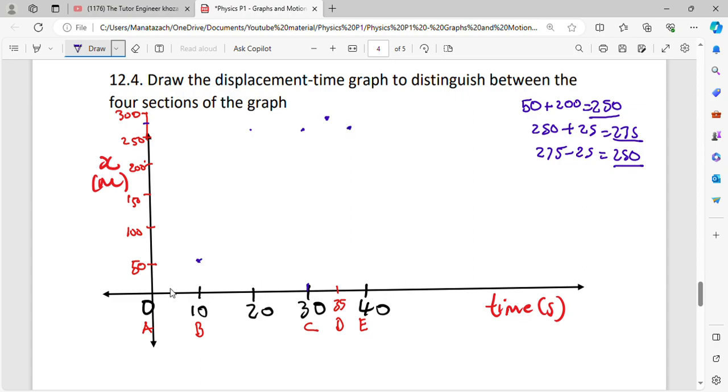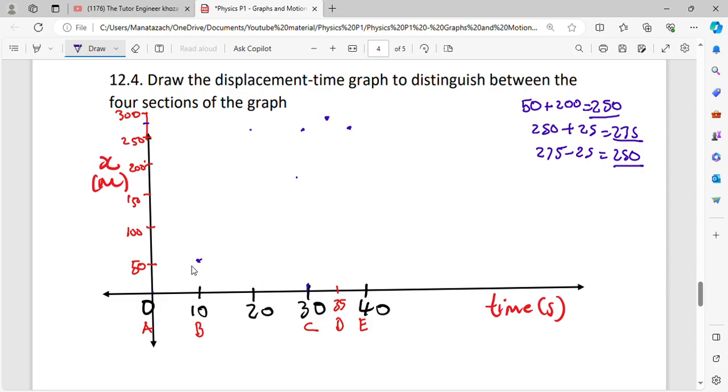So the graph will look like, since the velocity was increasing between A and B, is going to be a curve. So that's going to be the first impression. Here is going to be a curve. So it's actually not a straight line, it's a curve. Let's just make it a little bit prettier than this.